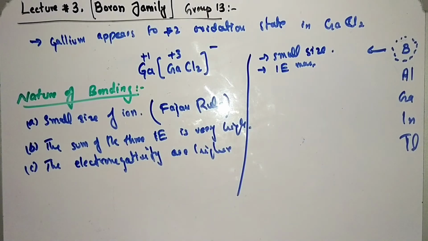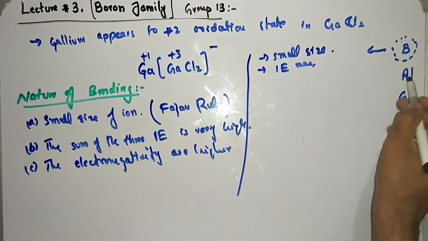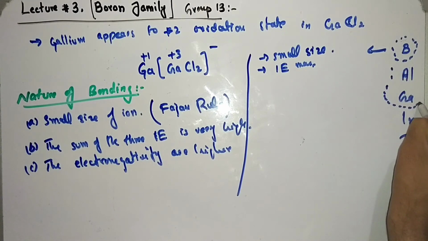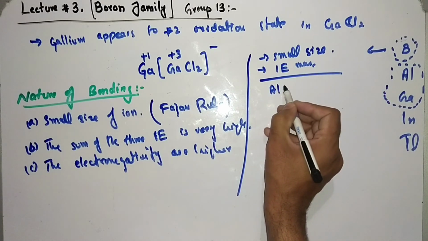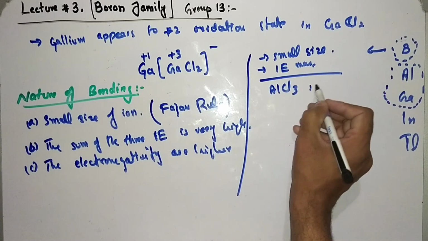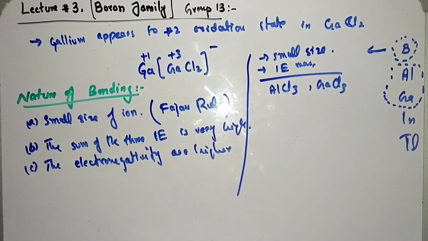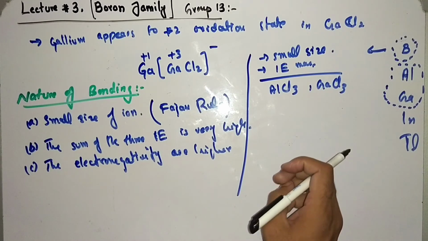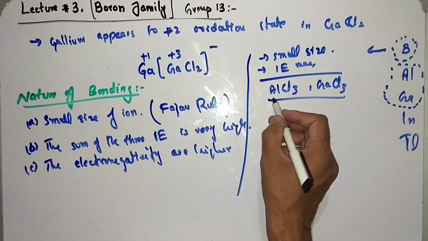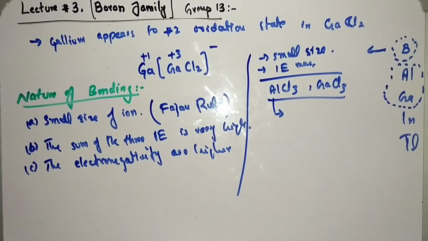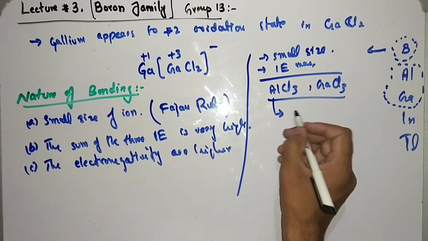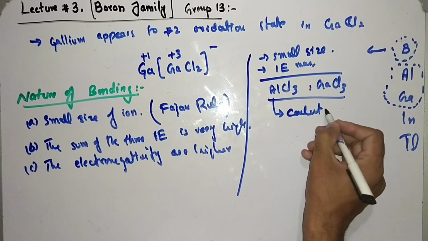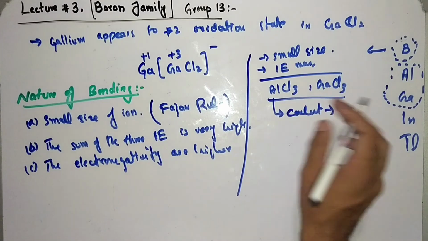Many simple compounds of the other elements, that is Al and Ga, aluminium trichloride and gallium trichloride, or you can say aluminium chloride and gallium chloride, are covalent when anhydrous.